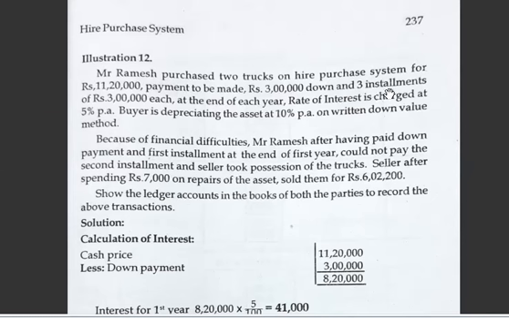So 3 lakh into 3 is 9 lakh, plus the down payment of 3 lakh, so 12 lakh is the total hire purchase price. The cash price is 11 lakh 20,000 and the hire purchase price is 12 lakh. Rate of interest is given as 5%.